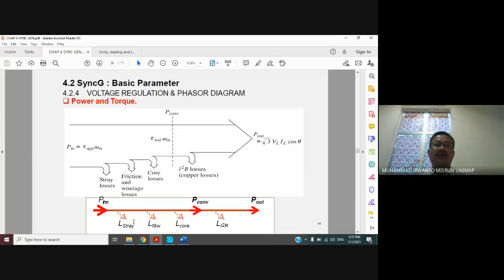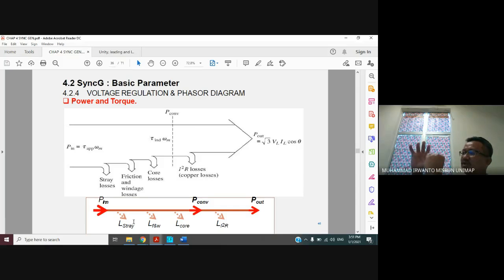Now about the power and torque. It is the rotor and this one is the stator. The rotor is moved by a prime mover.